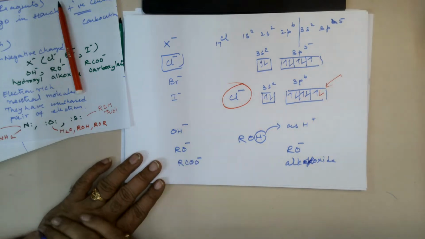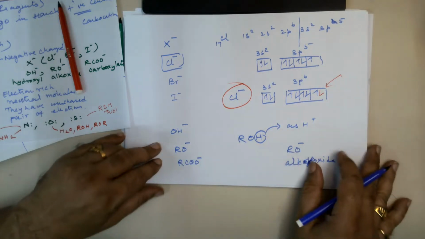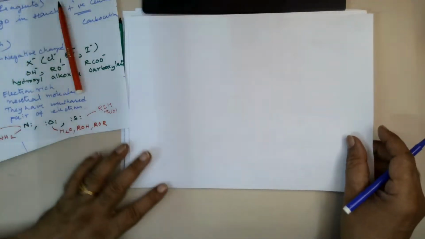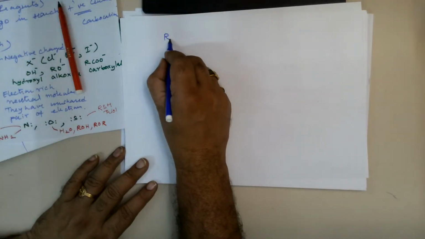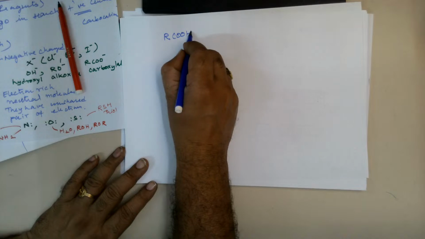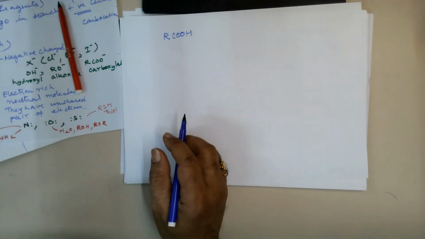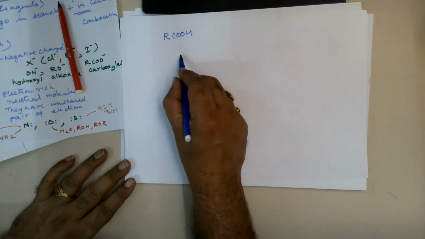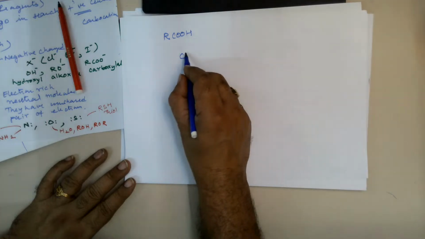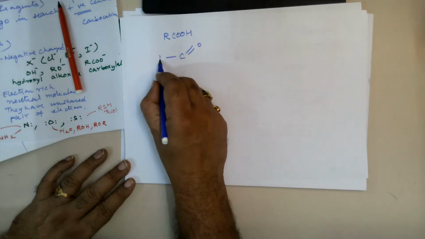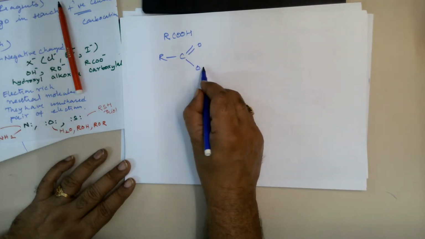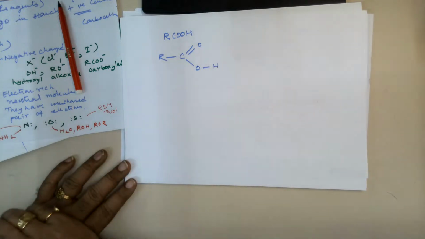Carboxylate means COO minus. So we can draw the structure of carboxylate. This is called a carboxylic acid or COOH. Now see, you can draw the double bond O, R, and this is O then H. This is the way you have to write it down.